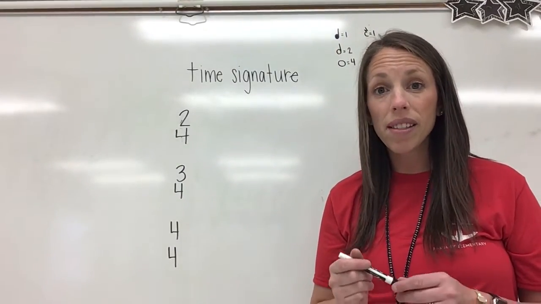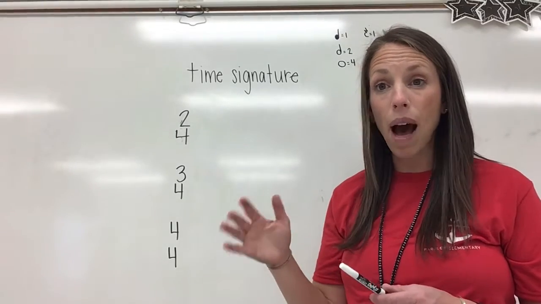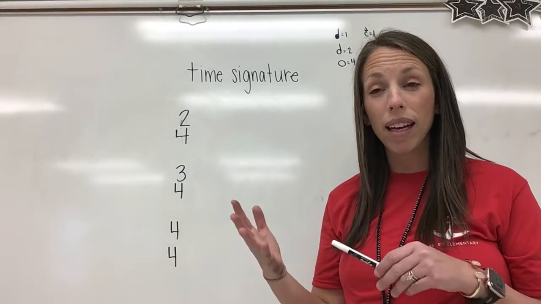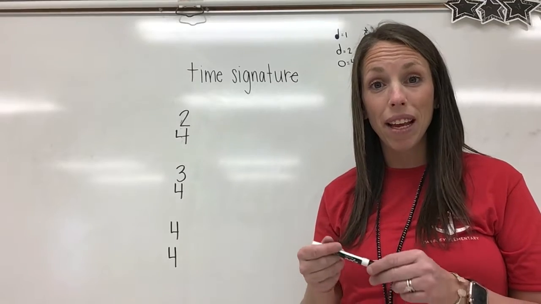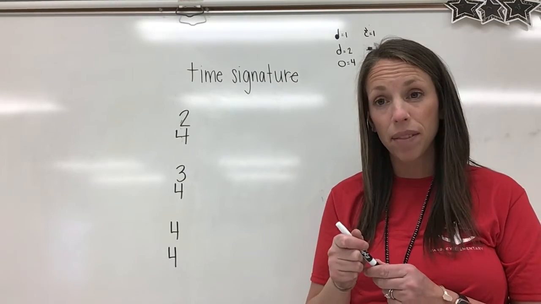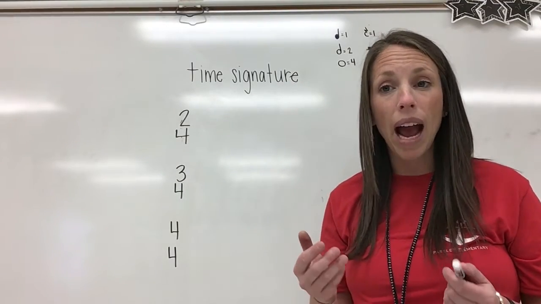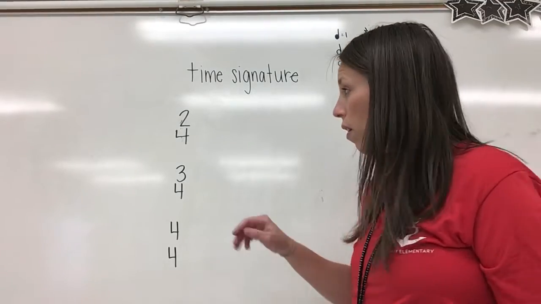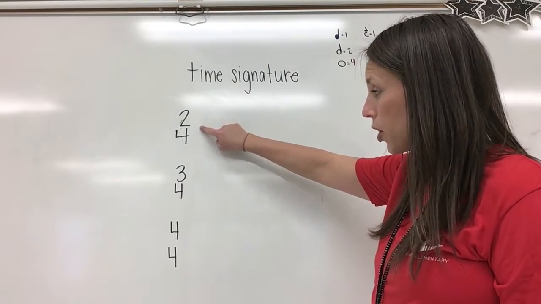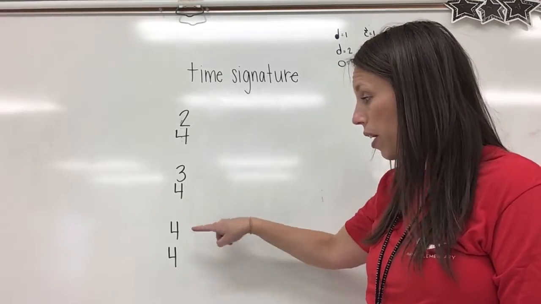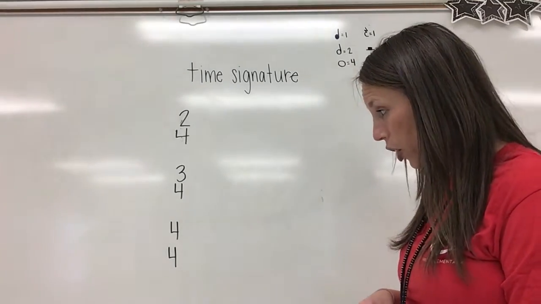For your assignment, on the bottom or on the back of the sheet that you have been taking notes on during this video lesson, you are going to practice composing for a 2/4 time signature, a 3/4 time signature, and a 4/4 time signature.